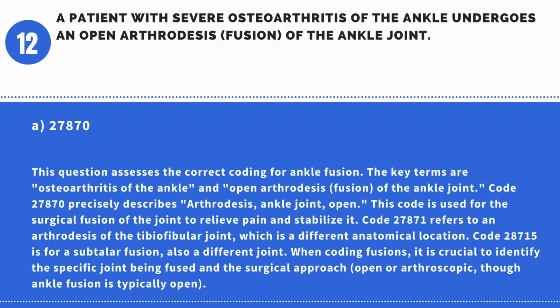Code 27871 refers to an arthrodesis of the tibiofibular joint, which is a different anatomical location. Code 28715 is for a subtalar fusion, also a different joint. When coding fusions, it is crucial to identify the specific joint being fused and the surgical approach, open or arthroscopic, though ankle fusion is typically open.